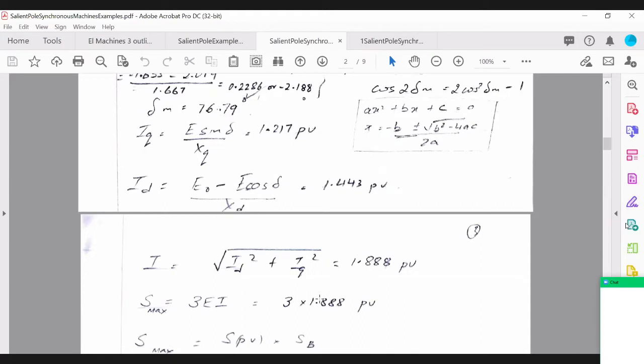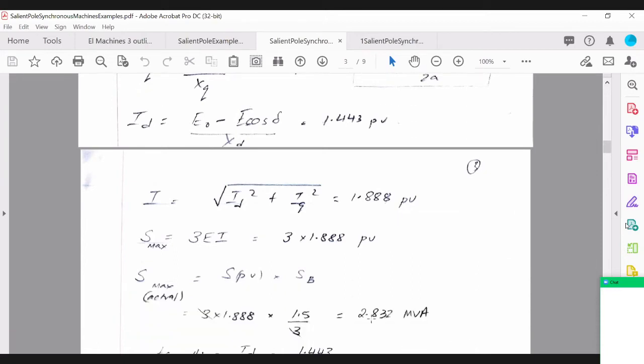And once you know the load current, you can also work out the maximum apparent power in per unit, so that's 3 EI.